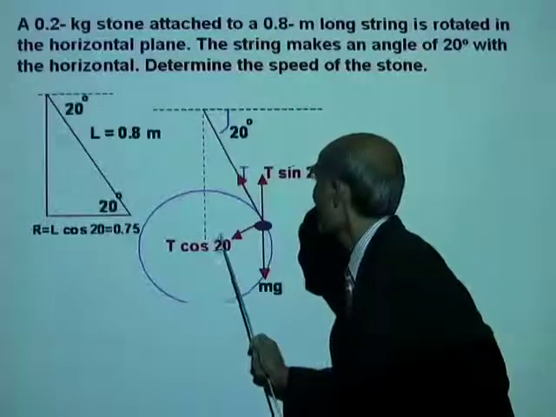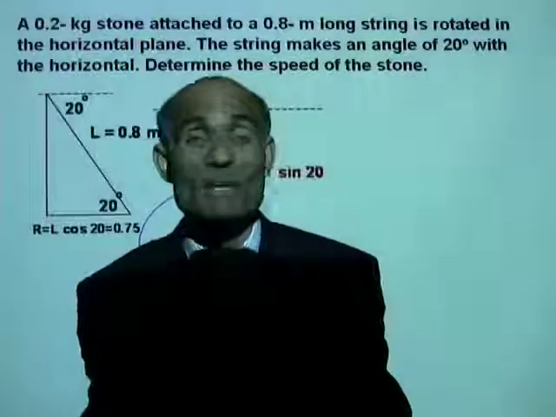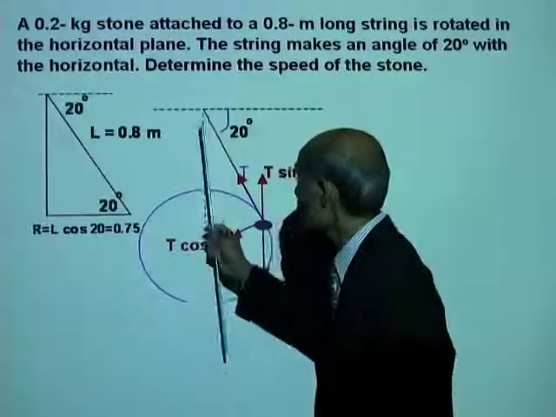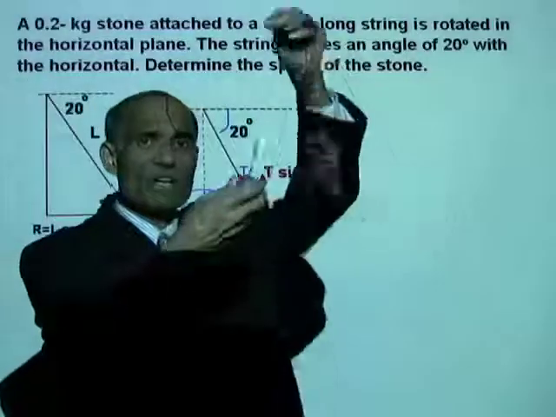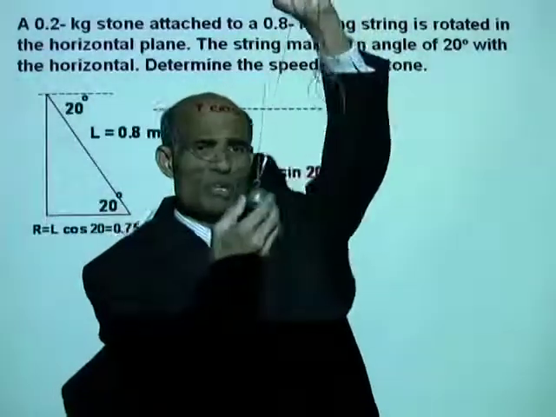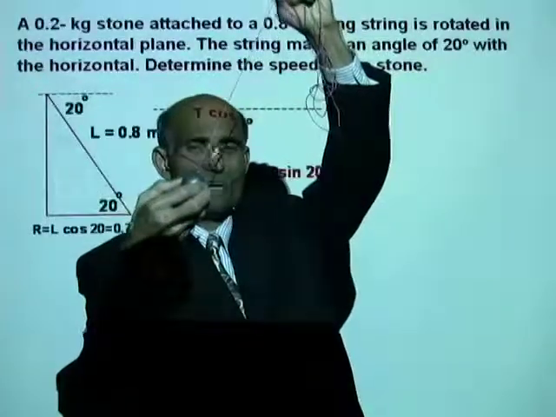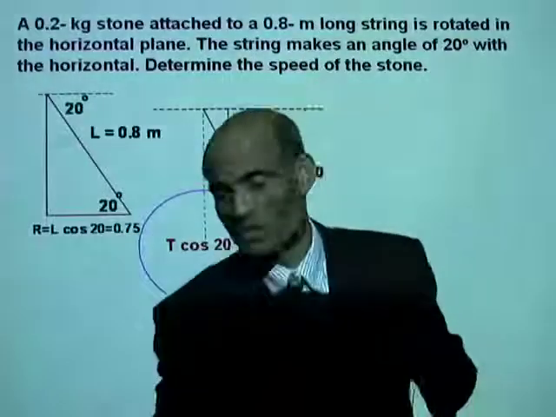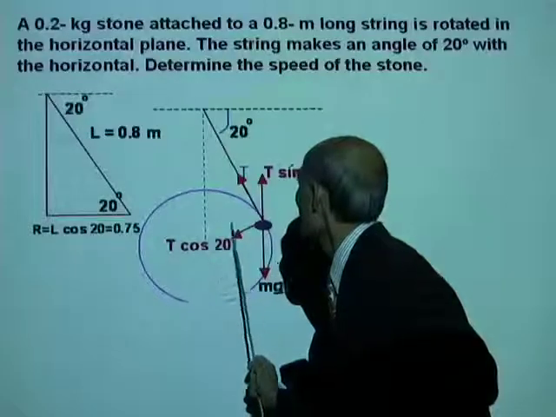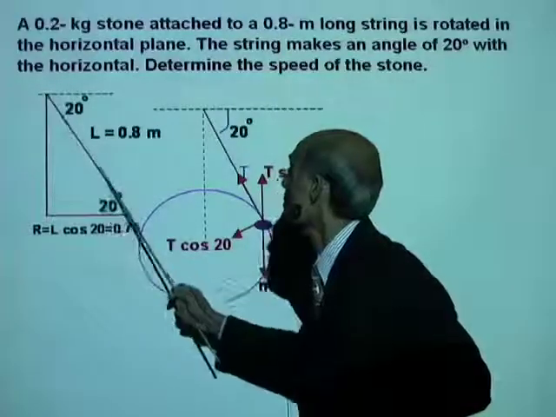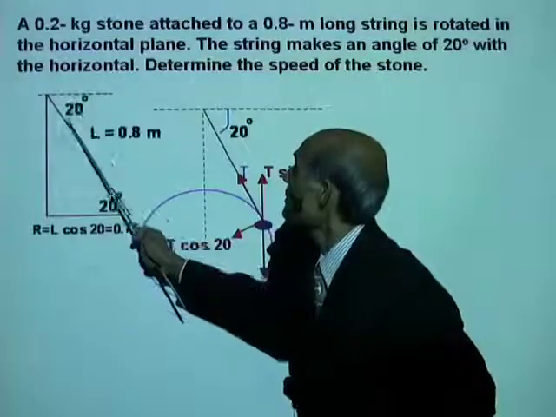If I draw a line from the center to the stone, remember that will be at right angles to this line. If this is the vertical position and the stone is over here now, when this is at right angles, I have that diagram here, then that angle will be 20 degrees. There you are.